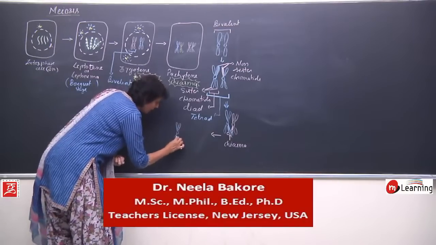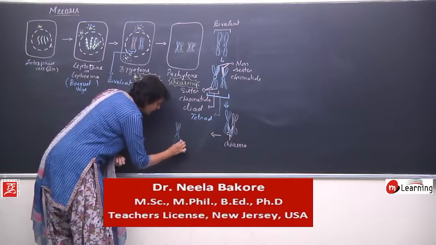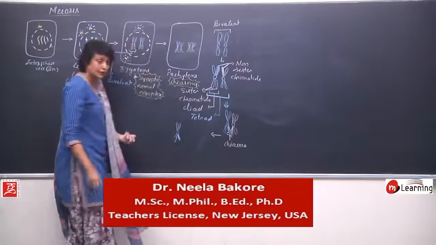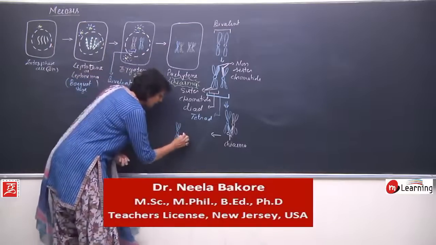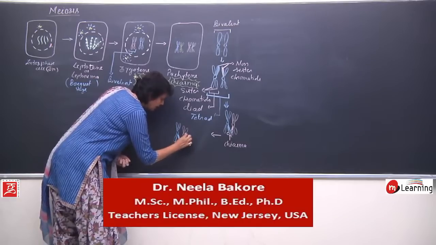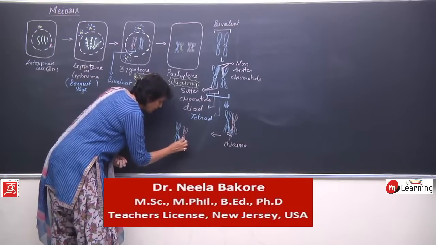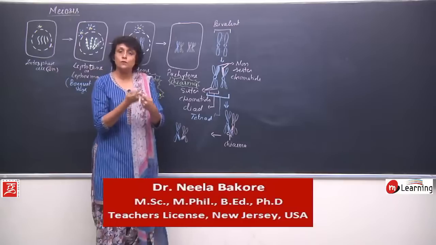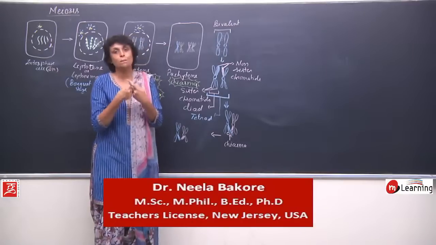That means after this, a part of the blue chromosome which we have drawn here, this sister chromatid, showed crossing over with the pink one which we are showing here. So at the junction, these two arms will fuse first and they will break.